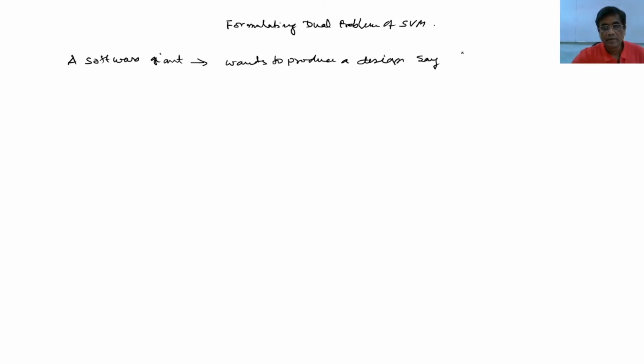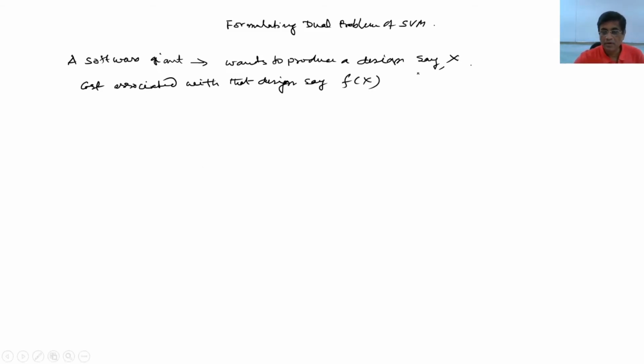Say design X, and the cost associated with that design is represented by f of x, because developing any product, software, hardware, whatever it is, requires man, machine, other resources, electricity, building, all kinds of things.